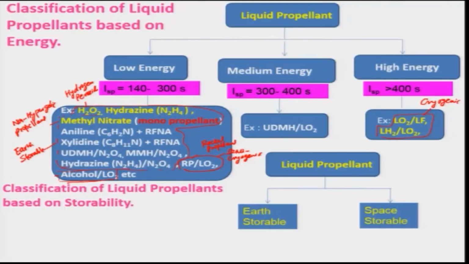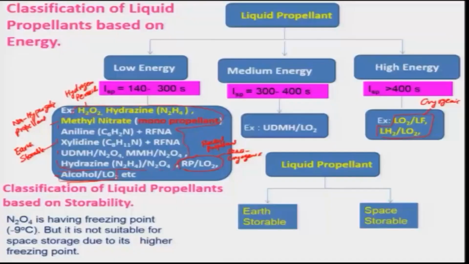Whereas the space storable propellant should have a low boiling point and a low freezing point. This is a very important aspect because the propellant in space has to be stored for a longer period of time and at a very low temperature.